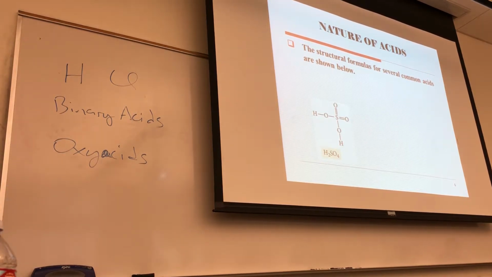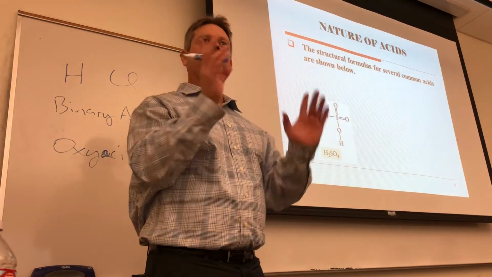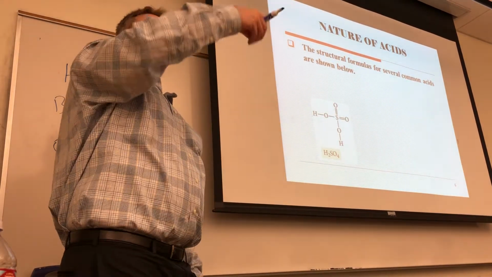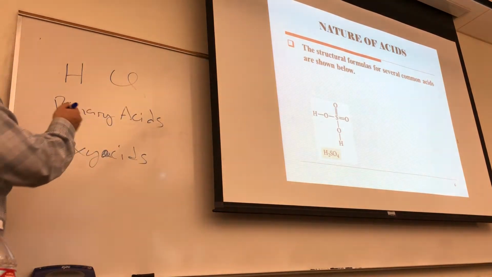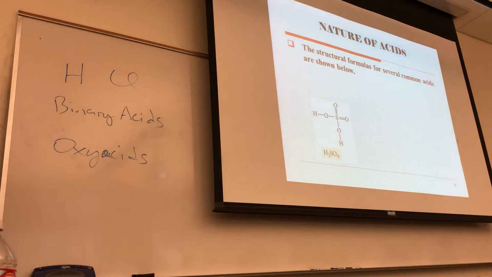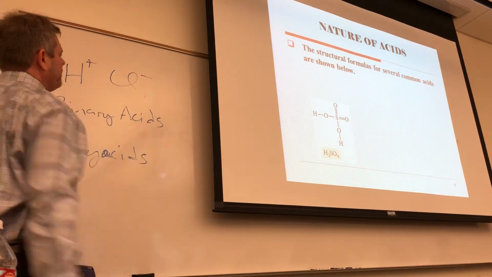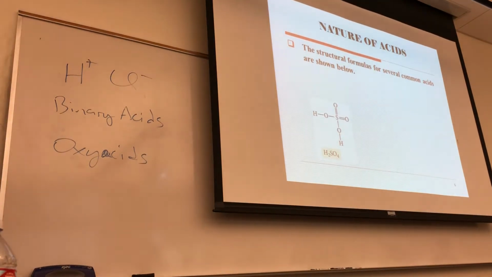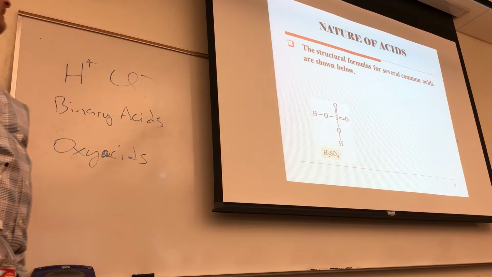So I have greater than a 1.7 or 1.9 or whatever change in electronegativity, so it separates. How do I know that? I put it in the apparatus and the light comes on if it's plugged in. That's how I know I have ions. So in this case, how do I know if I put this in water if it does? Same thing: this becomes a plus, that becomes a minus. Electronegativity, 2.1 and 3.5, it's about a 1.3, 1.4 difference on that scale.